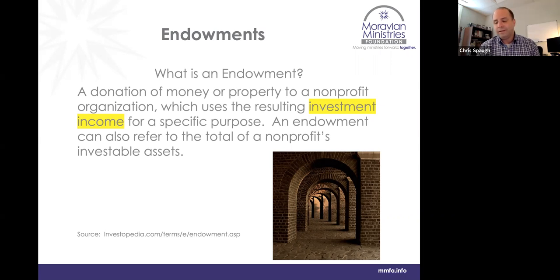And quite frankly, the word endowment can be different things to different people. But largely, if it's a pool of money that you draw off of for some type of ministry, mission, or charitable activity, it can be called an endowment.